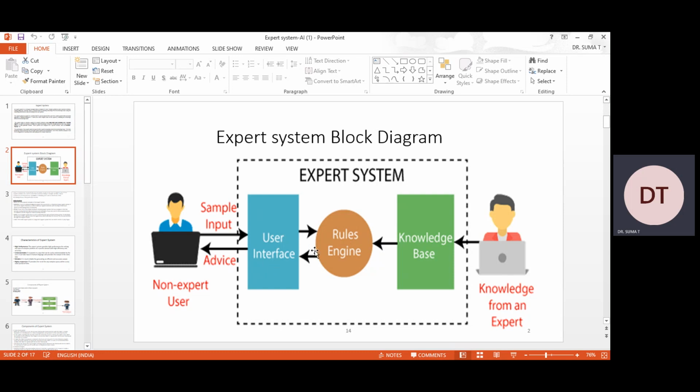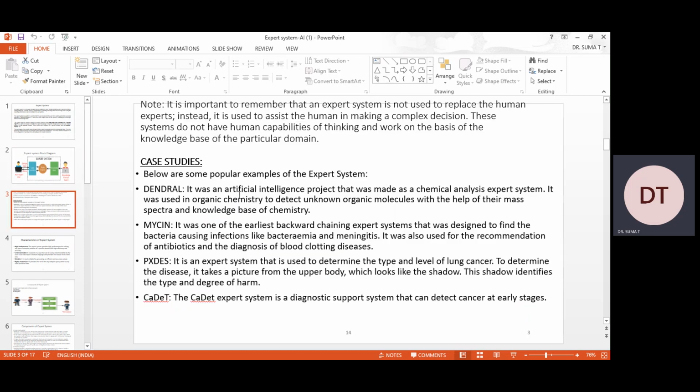If any advice is required, that fellow is going to send the information to the expert. The knowledge-based system is going to send the information to the non-expert user. So it is very important to remember that an expert system is not used to replace human experts. Instead, it is used to assist the human in making complex decisions.